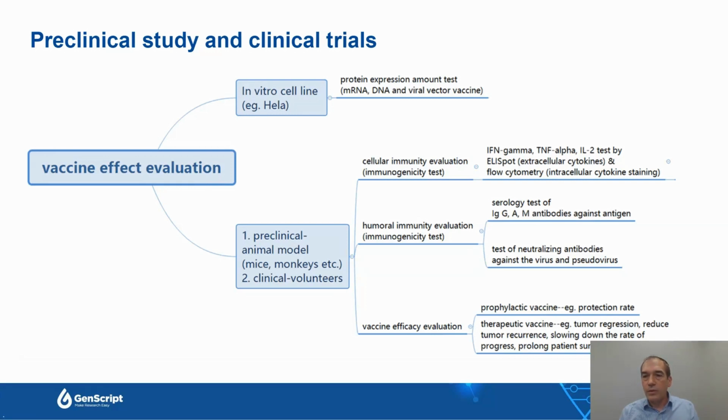So cellular immunity evaluation needs to be performed looking at cytokine levels, sometimes using ELISpot or flow cytometry, humoral immunity evaluation, looking at IgG, IgA, IgM expression, neutralizing antibody expression determinations using either ELISA kits or a virus or pseudovirus, and vaccine efficacy needs to be determined.